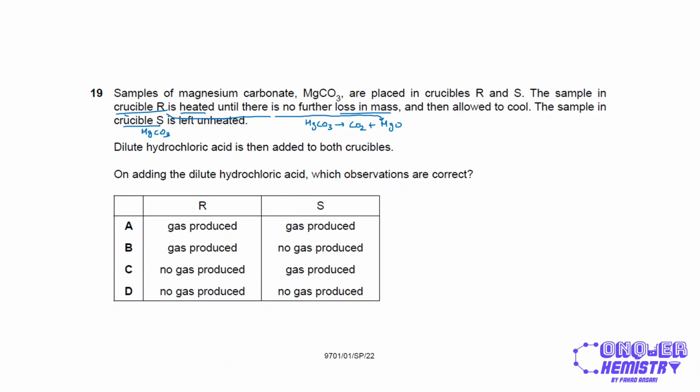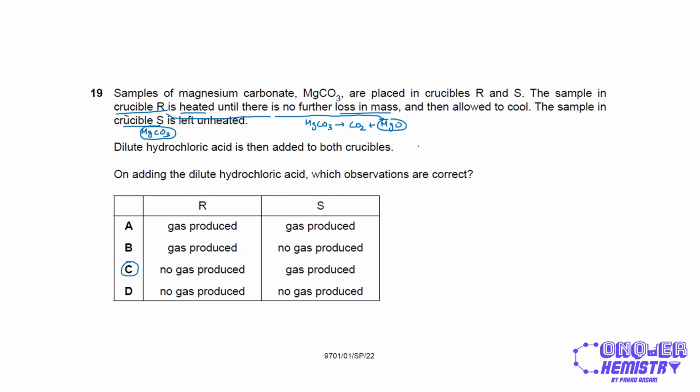So dilute hydrochloric acid is then added to both crucibles. Which observations are correct upon doing so, right? So when you add it to crucible S, which contains MgCO3, obviously this is going to result in the formation of carbon dioxide, right? So gas is produced. In the case of crucible R, MgO will react with HCl, but that will not produce any gas, right? So crucible R has no gas produced, and in crucible S, a gas is produced, right?